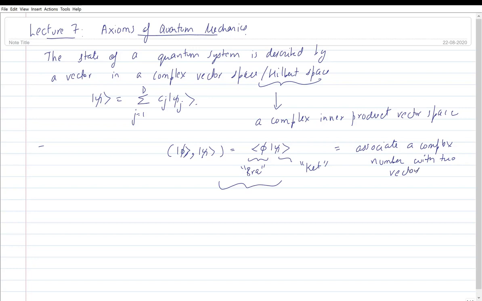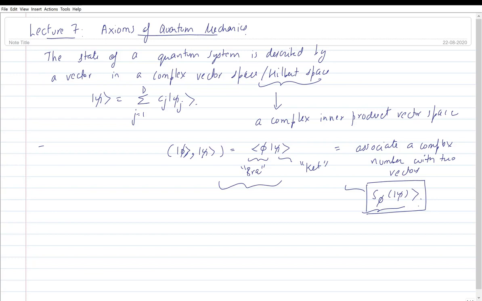I can also treat it as, let's say, this guy. So, what does the symbol mean? This means that one can regard the inner product as a linear function from the kets to the complex numbers.